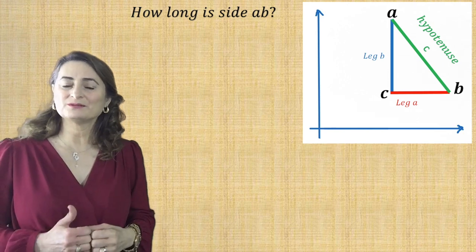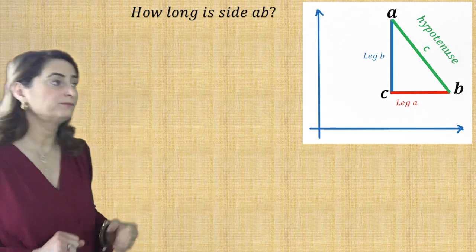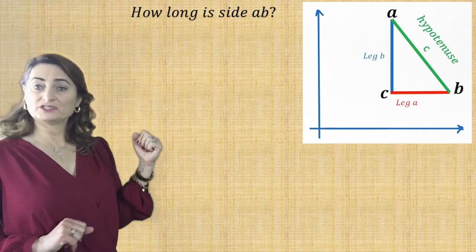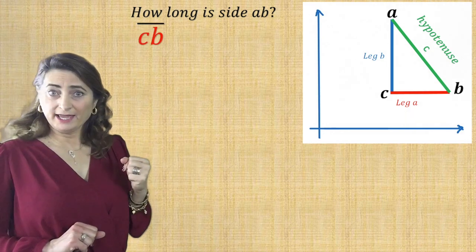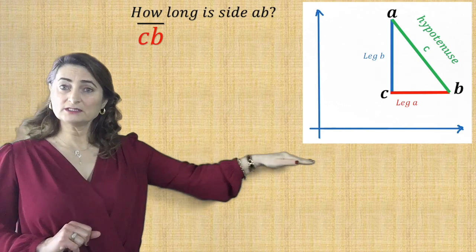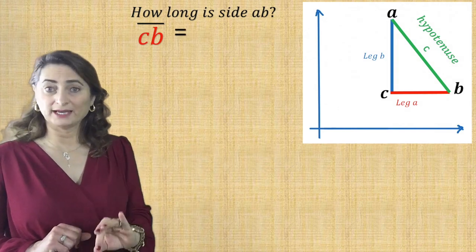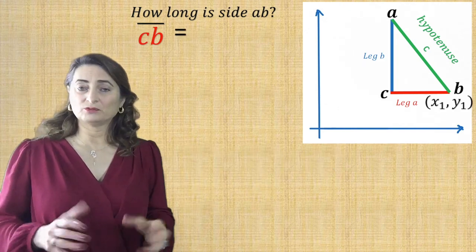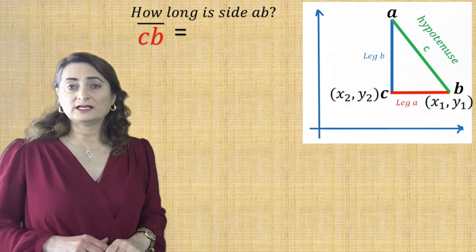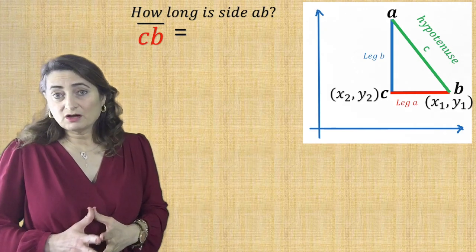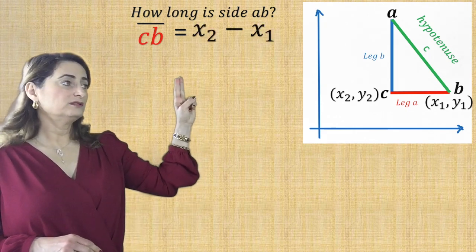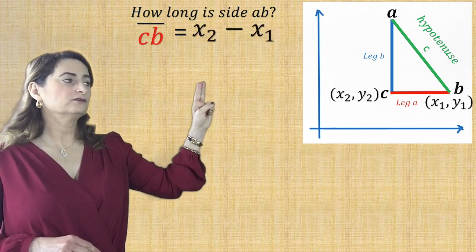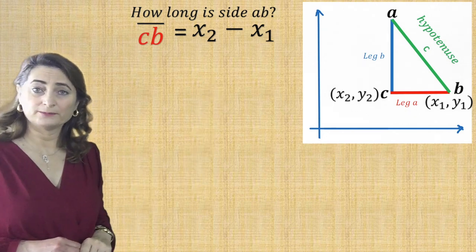How can we use the Pythagorean theorem? First of all, let's find how long each side is. Side CB, which is leg A, since it's the horizontal line, is the difference between the x's. Let's say B is x1, y1, and C is x2, y2. I don't know what the numbers are. Since it's the horizontal line, we subtract the x's, or the difference in the x's gives you the length of CB, so x2 minus x1.